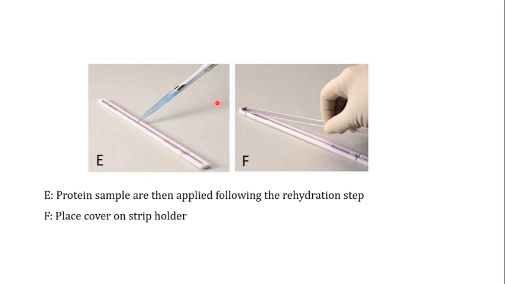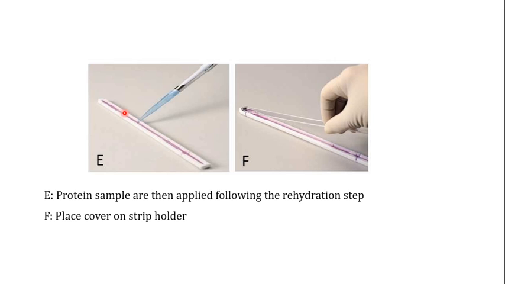Next, when you have gone for the rehydration of the IPG strips, you have to apply your protein sample, and you have to spread your protein sample over the entire length of the IPG strip, because when you apply the electrical charge, the protein will start moving towards its electrode.